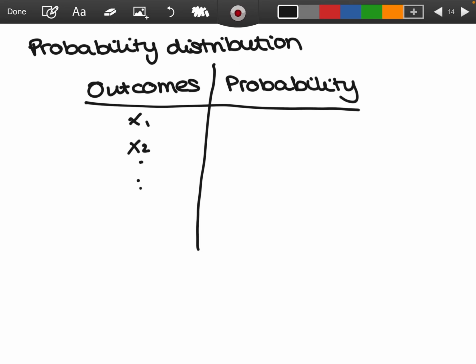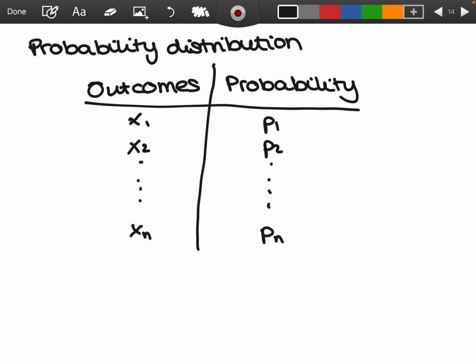So you're going to list your outcomes, we'll call them x1 through xn, on the left-hand side, and then the probability of each one, we'll call them p1, p2, through pn on the right-hand side. So the probability of x1 happening is p1, probability of x2 is p2, etc.